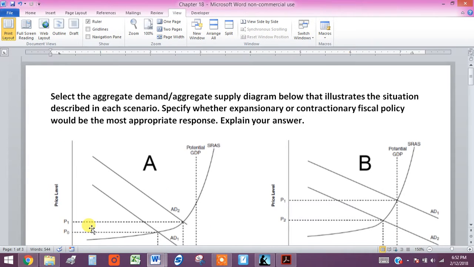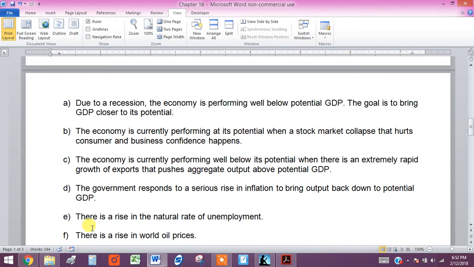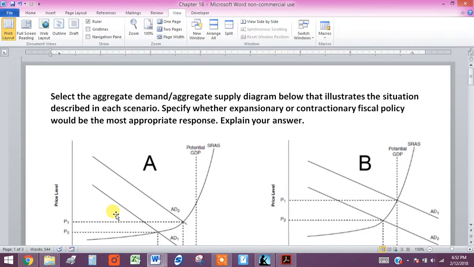You're going to get a series of scenarios, A through F, and I want you to just say whether the government would use expansionary or contractionary fiscal policy to address the situation.